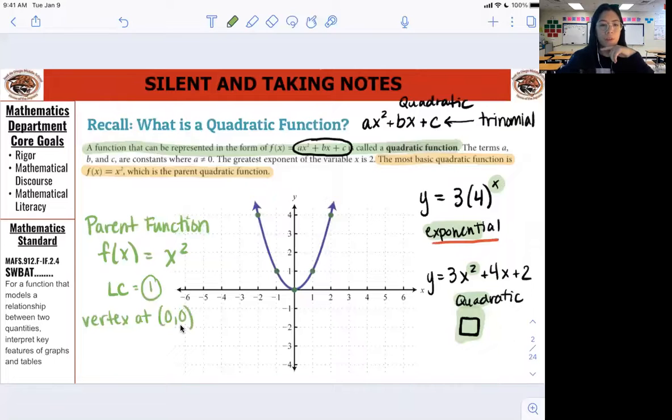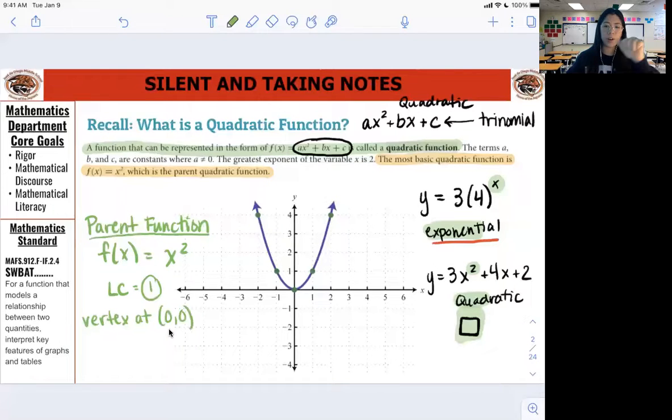So those two facts are very important about the parent function. The parent function has a leading coefficient of 1, and we'll talk about why that's important in just a little bit. The leading coefficient is 1, and the vertex is at 0, 0. And then actually one more thing.